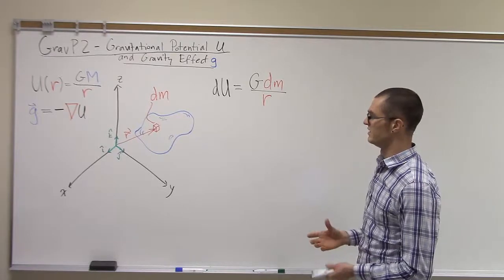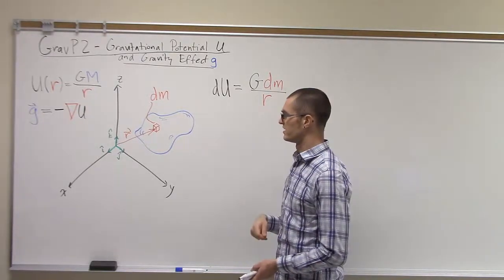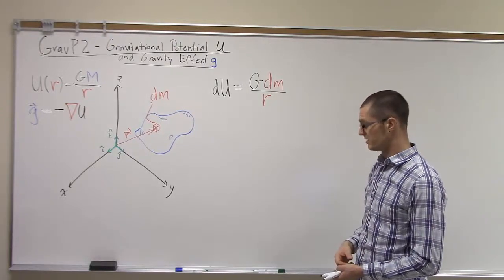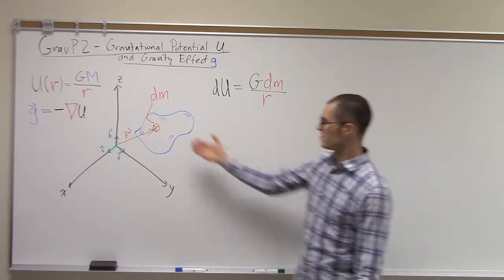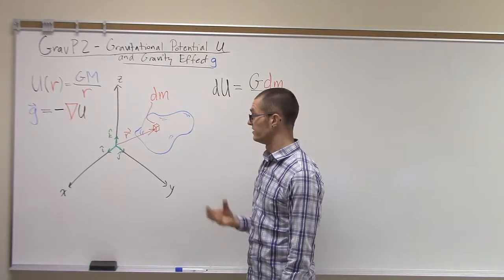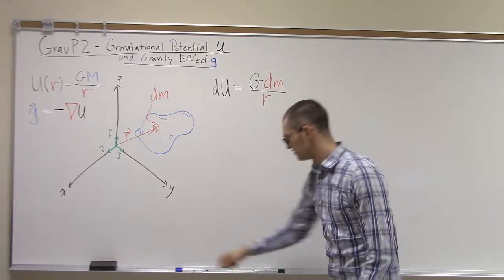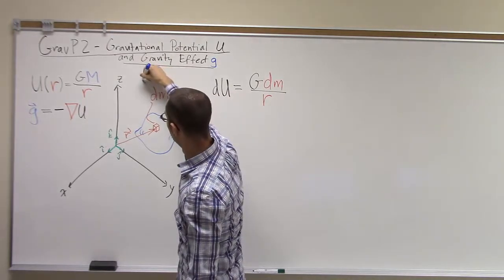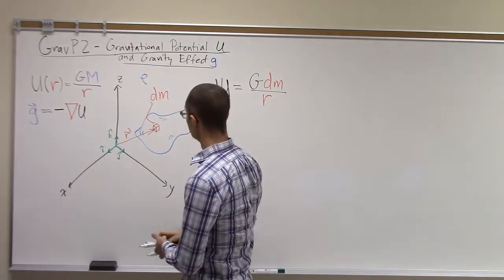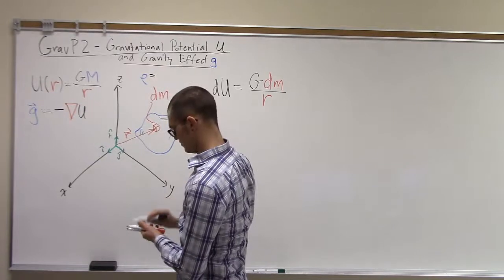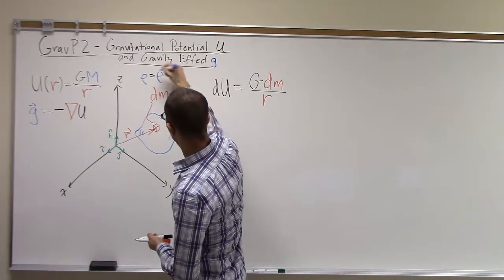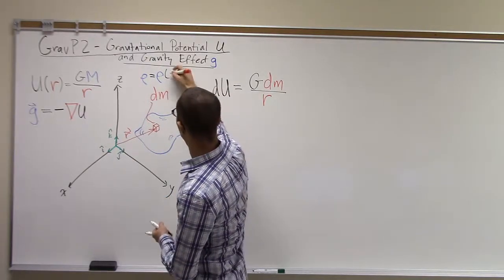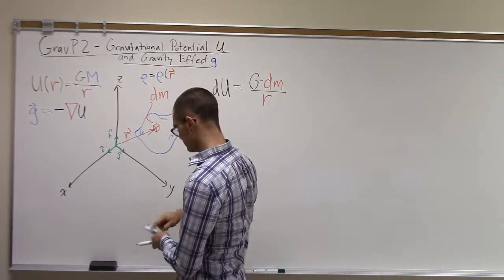Now, to actually evaluate what the potential is, we need to turn this into an integral that we can actually evaluate. To do that, let's imagine that the density of this body varies as a function of position. So we have density rho equal to rho as a function of r.